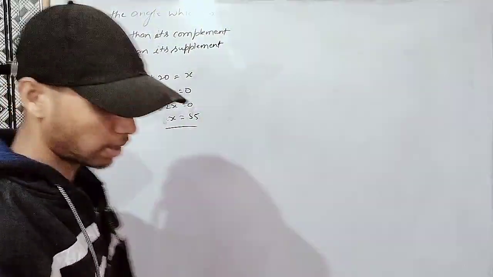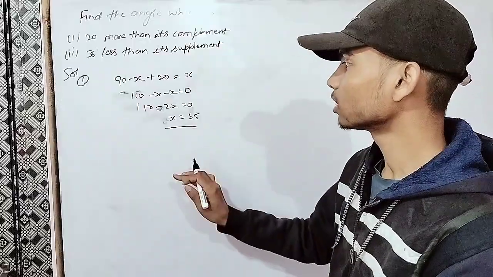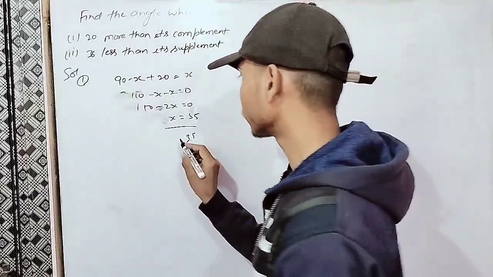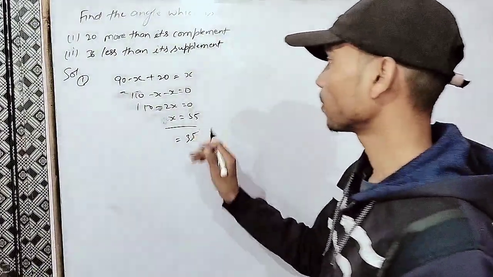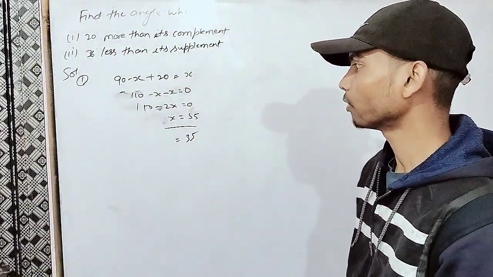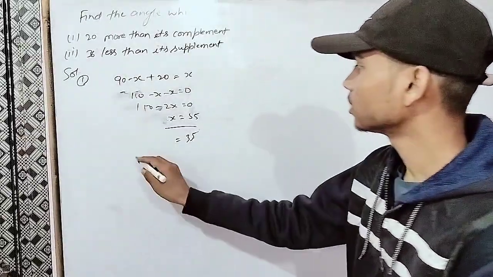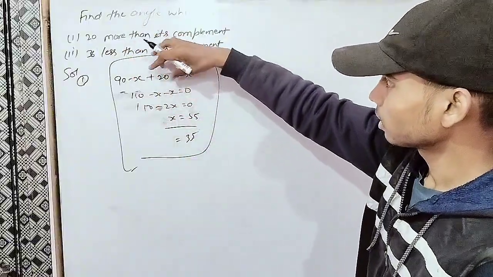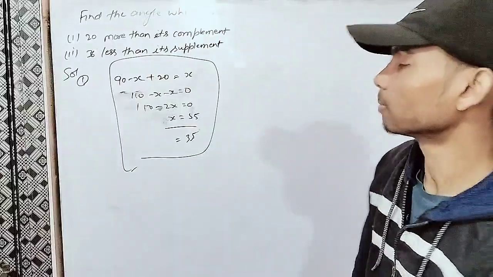This is the value of the first angle, and the complement of this would be 35. The value of the second angle is 35. 35 is a complement of 55. Clear? This was the way. You can see we have written it like this because of our statement.